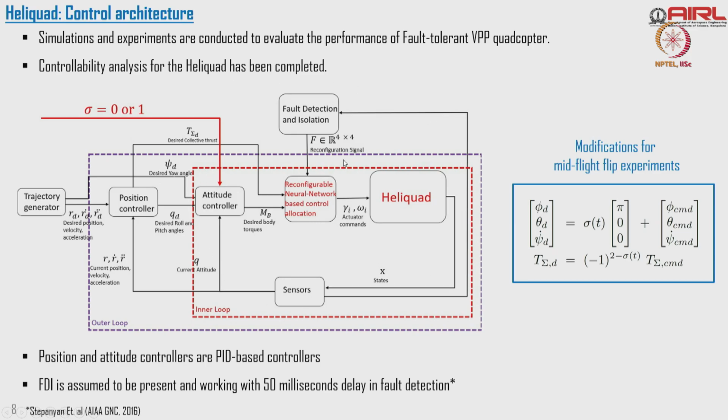So this is my inner loop. The inner loop has a reconfigurable neural control allocation matrix. If you remember, in our regular control allocation matrix there is a 4x4 matrix for a quadcopter. Based on the torque and total thrust, it will give you the RPM required. That inverse function is already there.